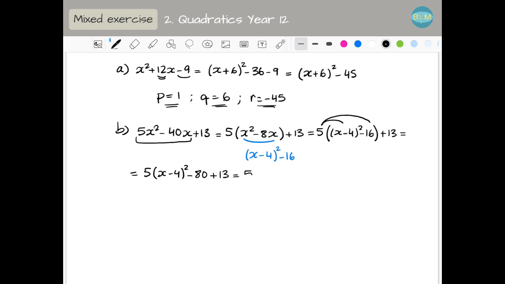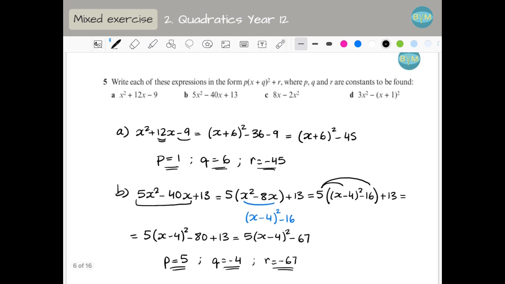And then finally I'm going to put the numbers together. So minus 80 plus 13 is minus 67. That means that P, the coefficient of the bracket, is 5, the number inside the bracket is minus 4, and the number outside, completely outside, is minus 67.